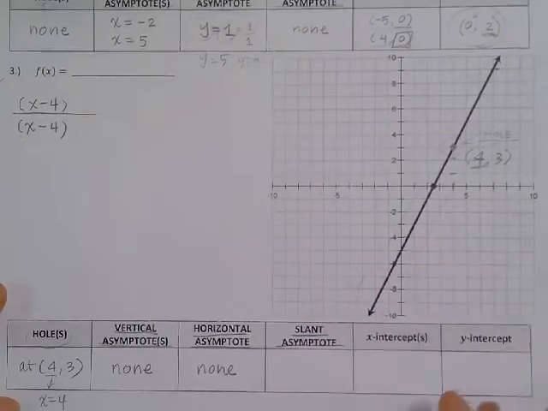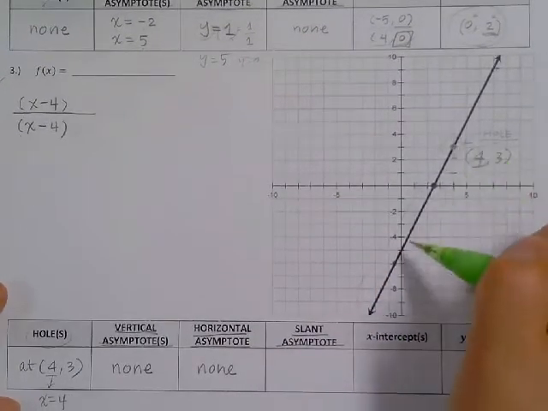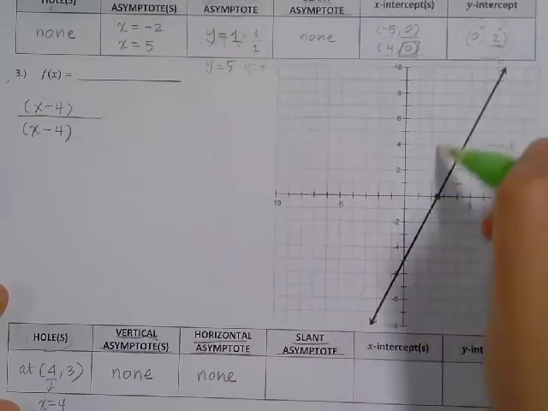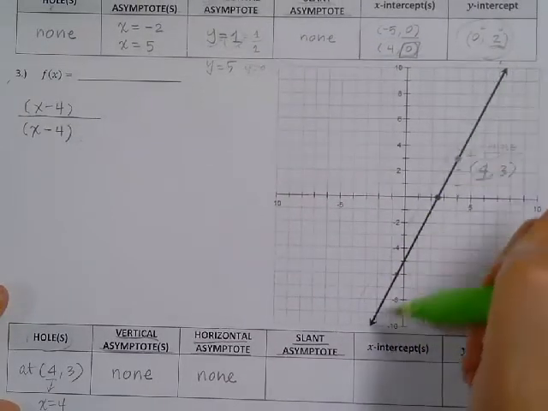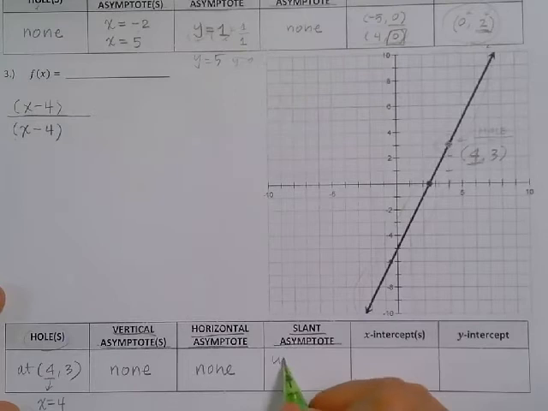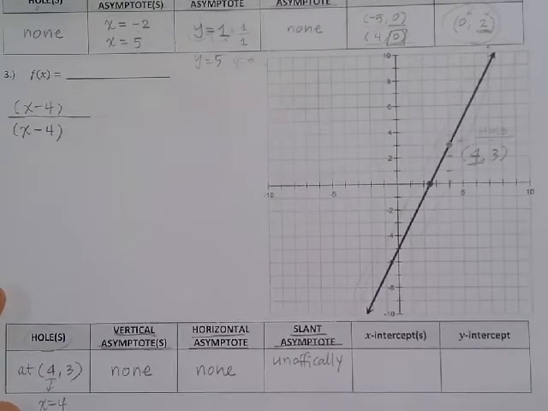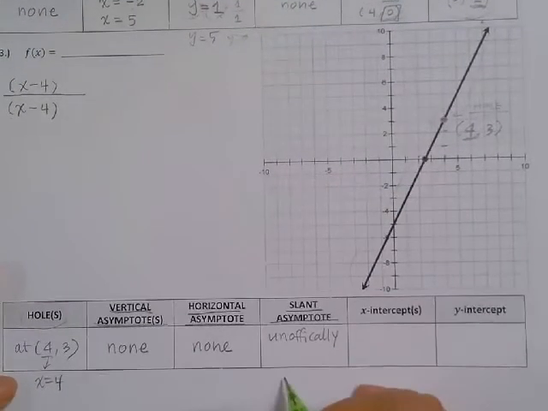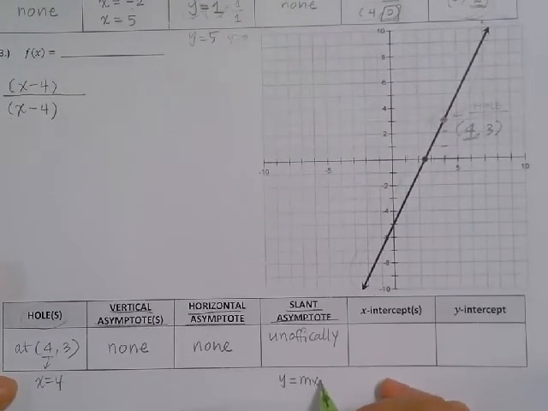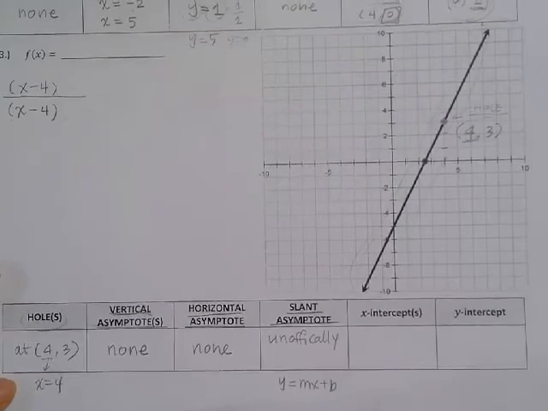So in this case, we just consider this actual graph itself as an unofficial slant asymptote, which follows y equals mx plus b form.